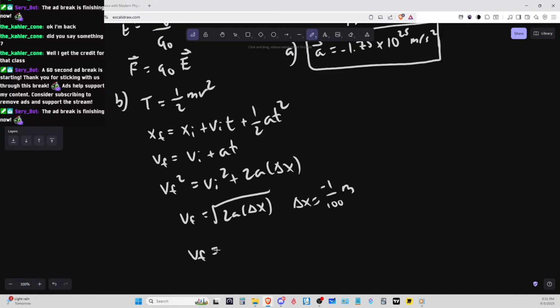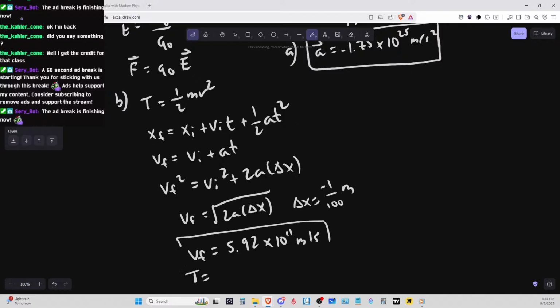Okay, so the velocity is 5.92 times 10 to the 11th meters per second. Very fast. So we already have the mass, so now we can get the kinetic energy.